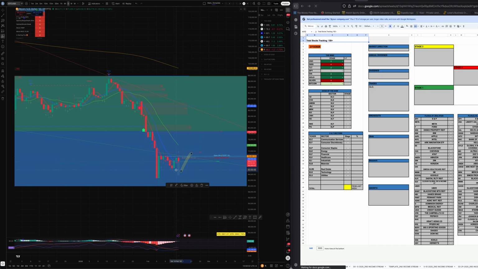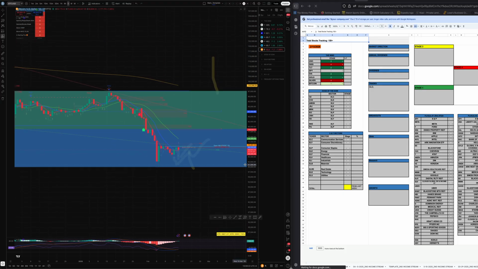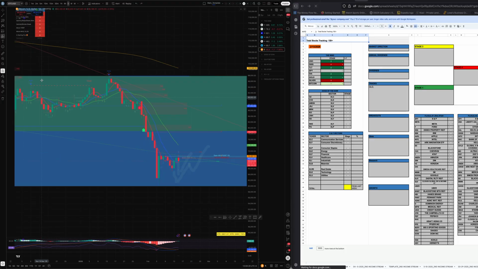If not, if it breaks this, it can go down here, retest, come back up, retest, break, could do this possibly, or it could just fail completely and just come down, and then we come down even further, as I could see.